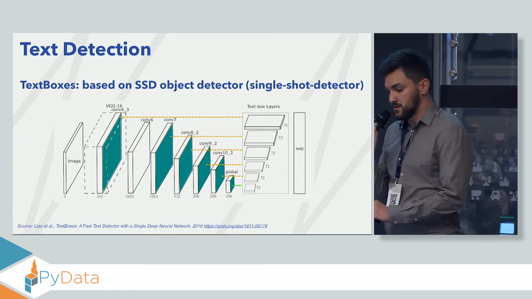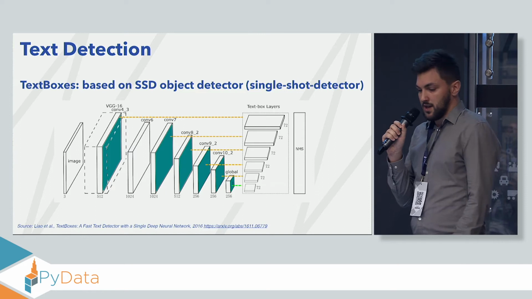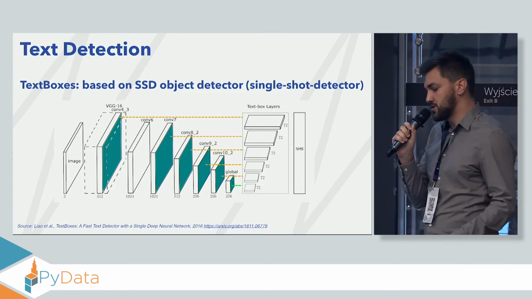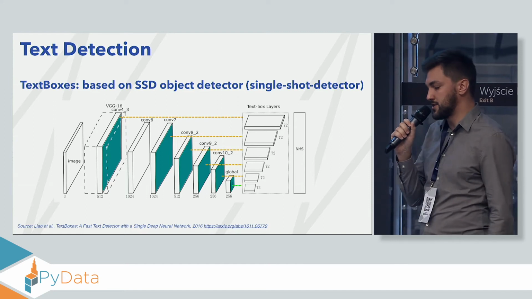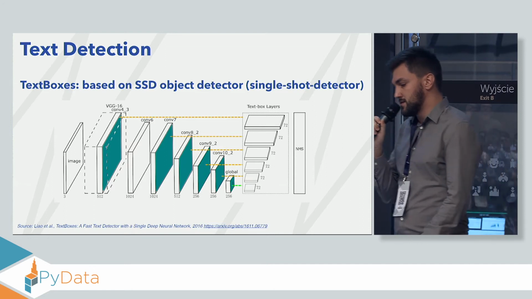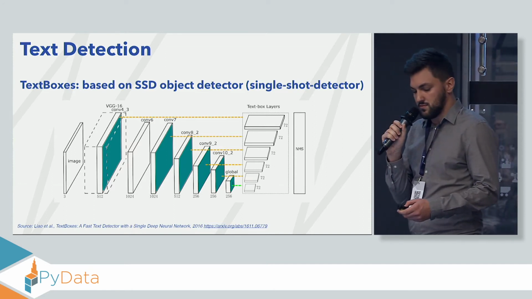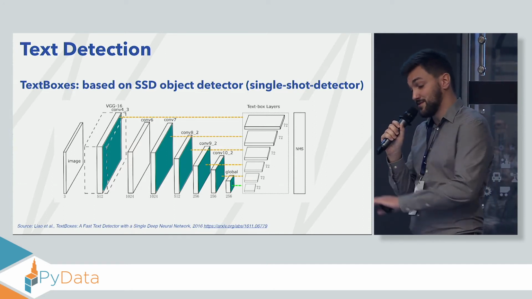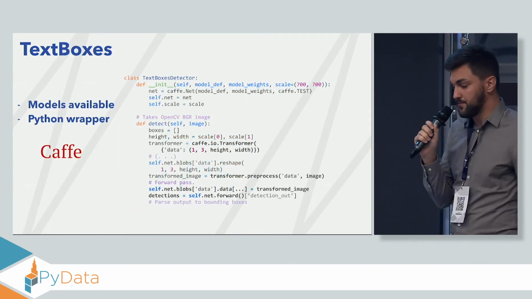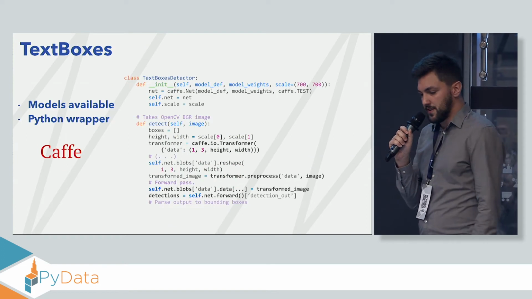SSD was designed for object detection, and this is an approach adjusted for text, which has a more horizontal aspect ratio. And models for this are available.